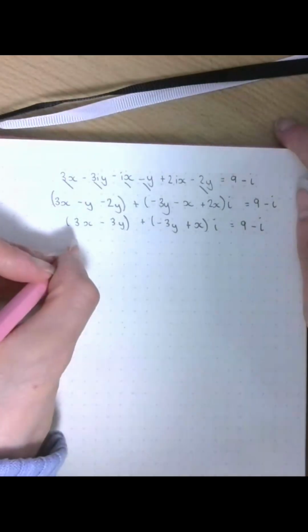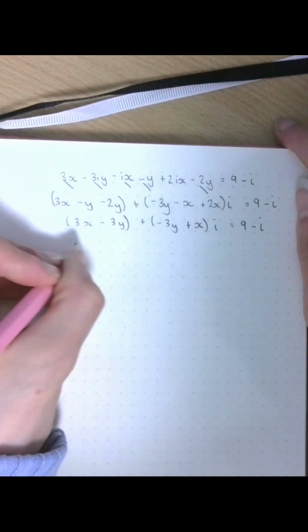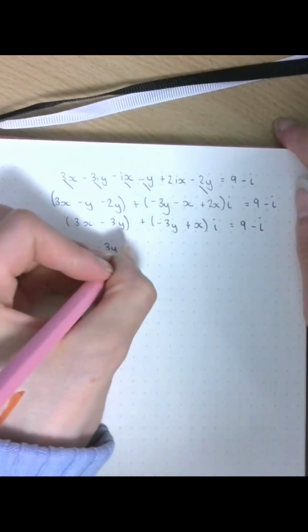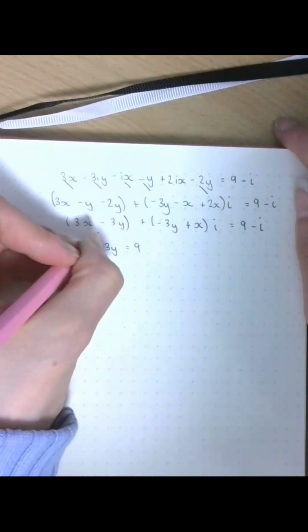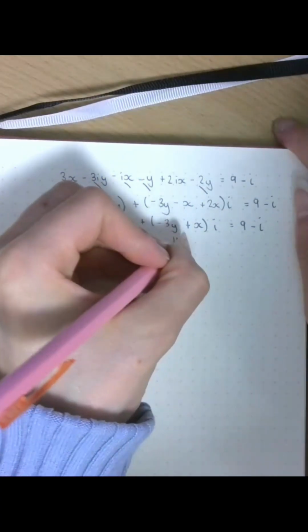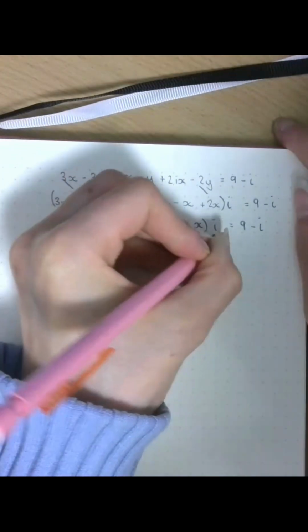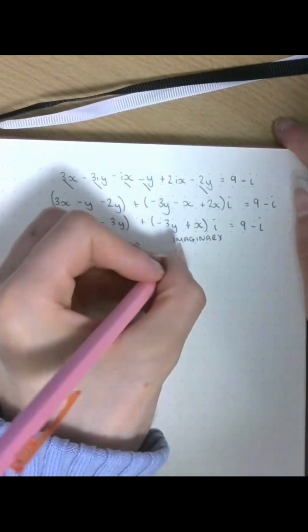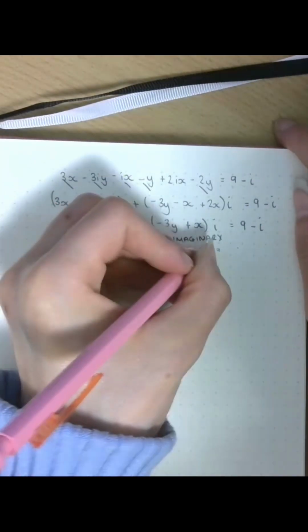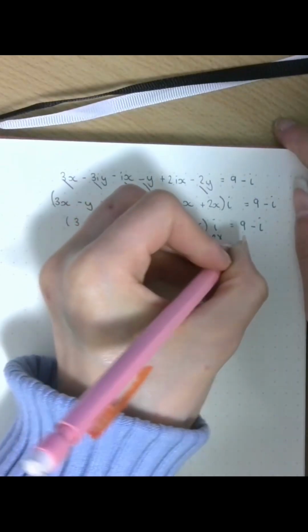So I know now that 3x take away 3y is 9, because that's the real part. And I know the imaginary part, minus 3 plus x will be equal to minus 1. We could put the i's there, but it's the same thing as minus 1i.